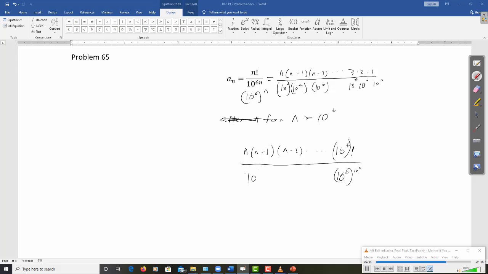We will have 10 to the 6th to the n minus 10 to the 6th. Alright, so this we can just separate out as a constant. I'll call this C. So C equals 10 to the 6th factorial over 10 to the 6th to the 10 to the 6th.